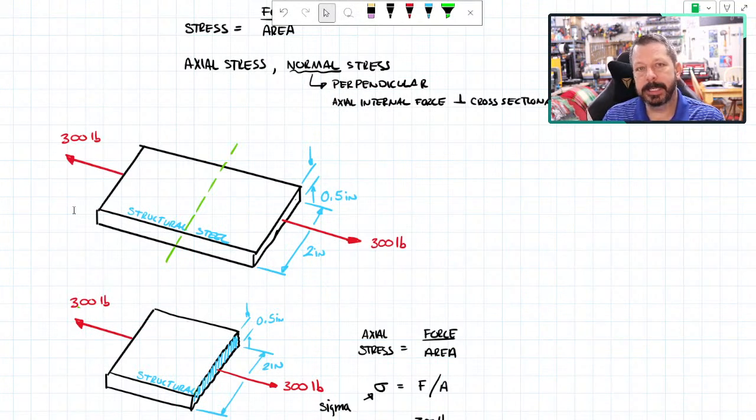Then that factor of safety that you've built in will help in case something unexpected happens to the part you design, so it's still safe.